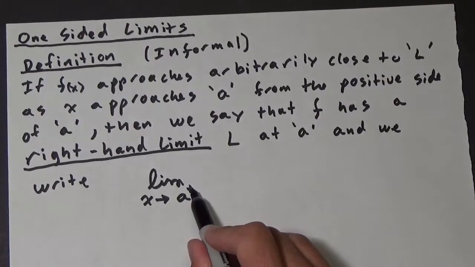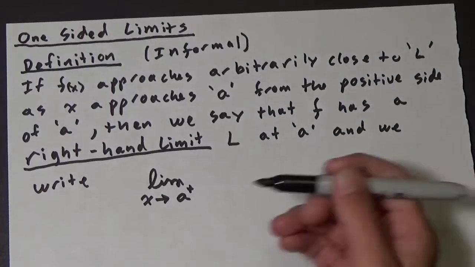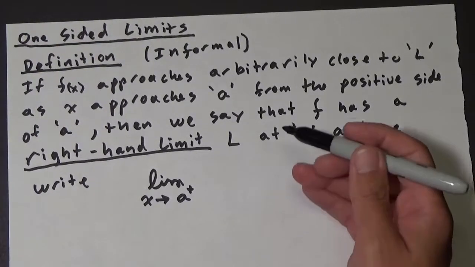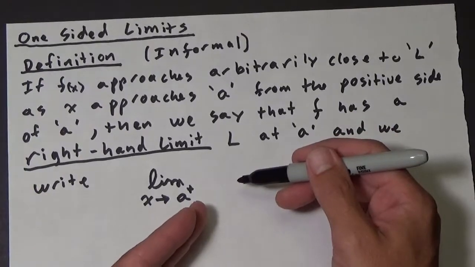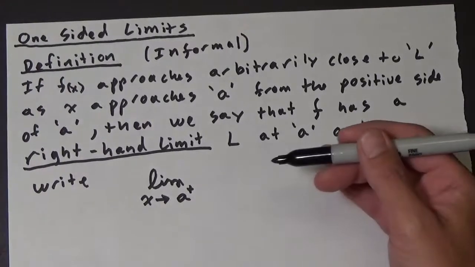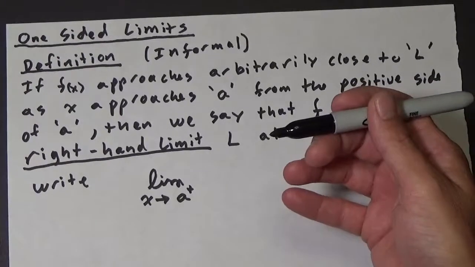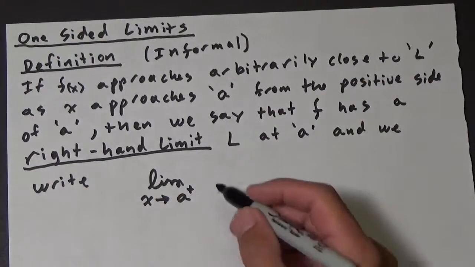And what that plus means is we're coming from only the positive side of A. If you remember, when we did limits before, we came from both sides to see what the limit was. Now we're only coming from the positive side, which is the right side, so that's why we call this a right-hand limit.